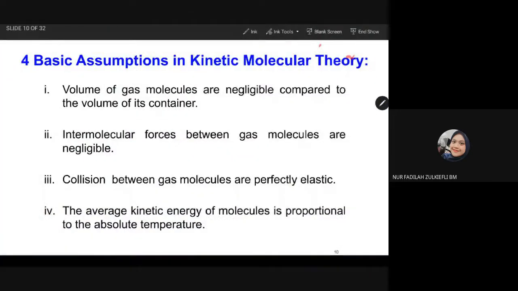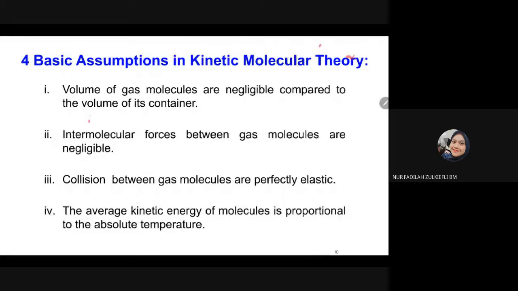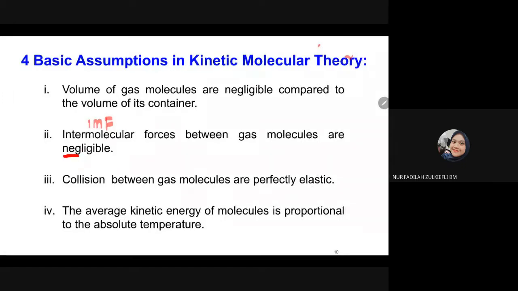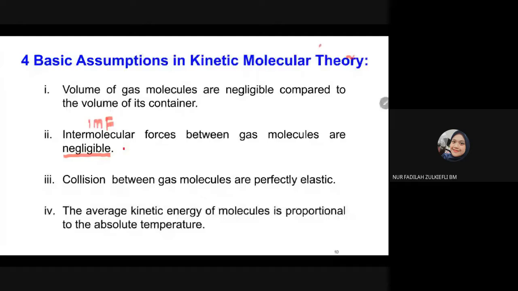Okay, itu the first postulate. The second one, it says that the intermolecular forces between gas molecules are negligible. Okay, what does it mean? Intermolecular forces, semalam kita dah belajar. Intermolecular forces ni adalah, it can be attraction kan, daya tarikan antara gas molecule negligible. Negligible meaning kat sini, okay, awak boleh contoh awak punya nota tutur juga.